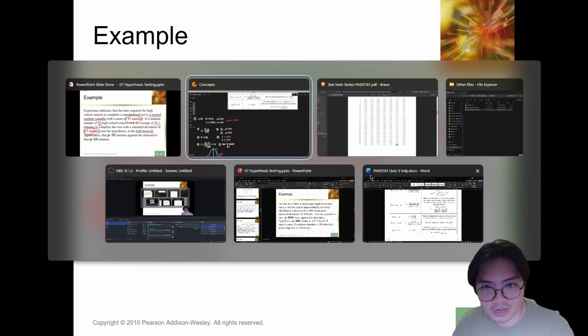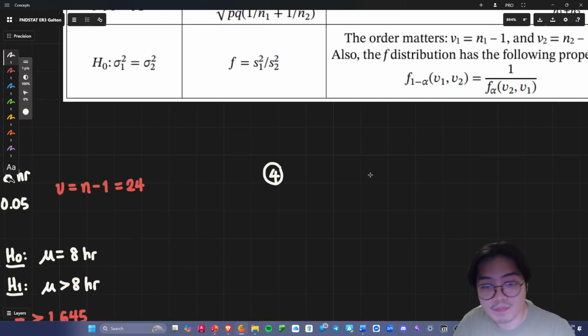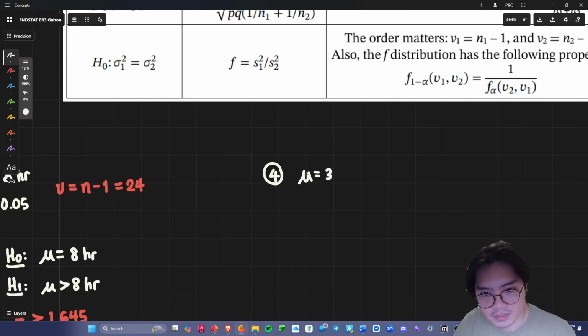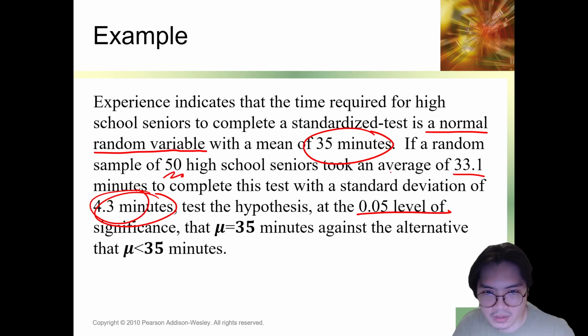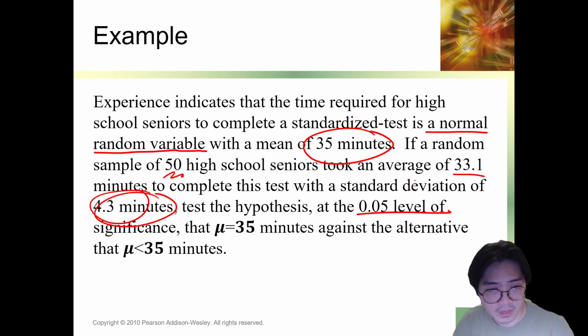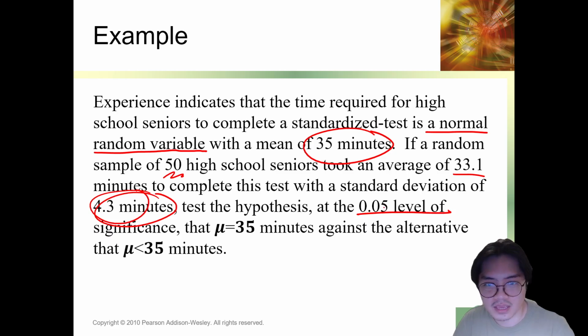So, if you would like, we can also do a little comparison in here. For 4, we will have a mean of 35 minutes, not 3.5, compared to your X bar, which is 33.1. Our sample in here is then at the 0.05 level of significance.